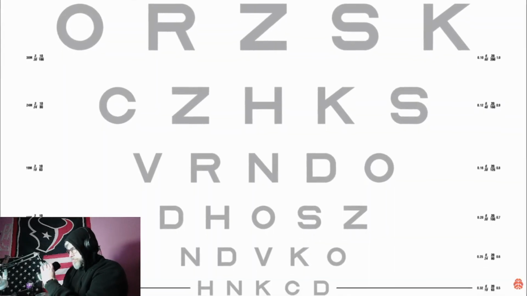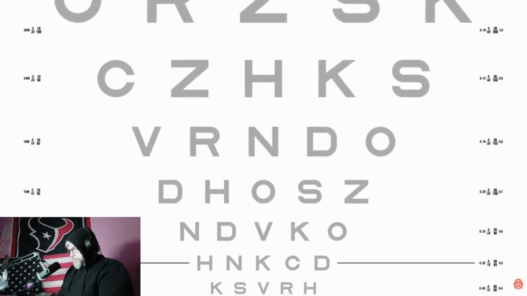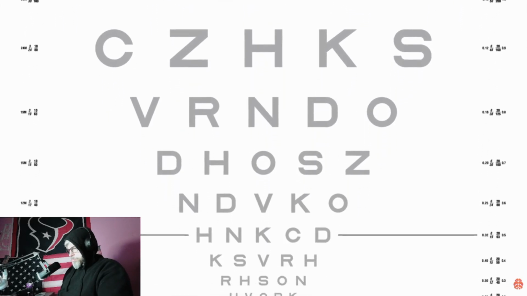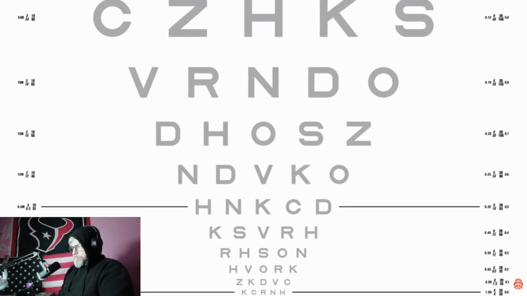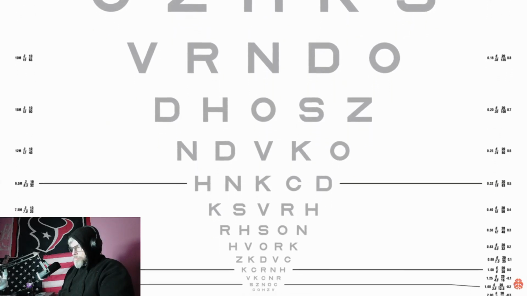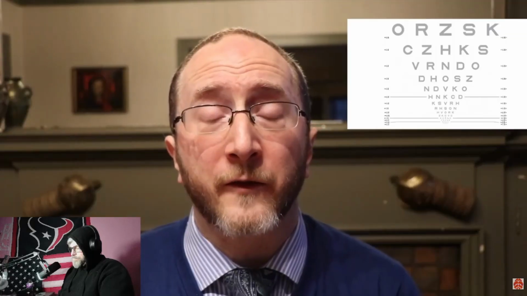Now what you see here is a low contrast chart. This is in fact 2.5% of black, so it's very light gray on a white background. It's annoying to read, it's actually very challenging, but it's extremely helpful in picking up subtle dysfunction from damage to the optic nerve. This is a more appropriate eye chart for people impacted by MS.